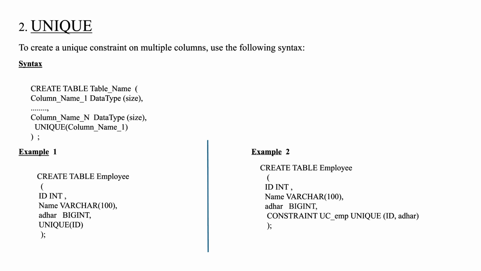Unique constraint on multiple columns. You can mention a unique constraint at table level. The syntax is: create table, table name, in brackets column name 1, data type and size, comma, column name 2, data type and size, comma, then unique and in brackets the list of column names.